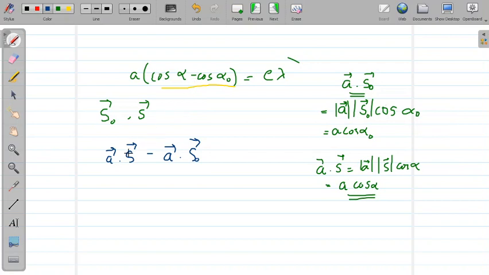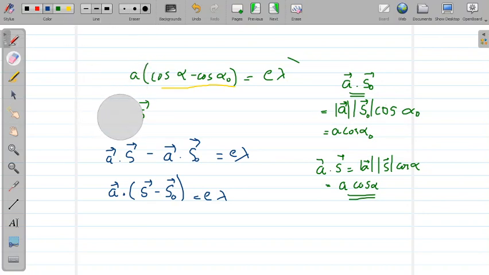A cos alpha is a bar dot S bar, a cos alpha 0 is a bar dot S0 bar, equal to h lambda. So if I take a bar common, this is equal to a bar dot (S bar minus S0 bar) equal to h lambda. So this is the vector representation of the Laue equation in one dimension: a bar dot (S bar minus S0 bar) equal to h lambda.